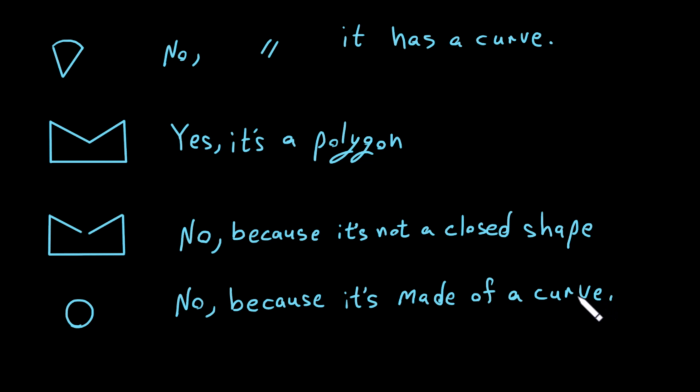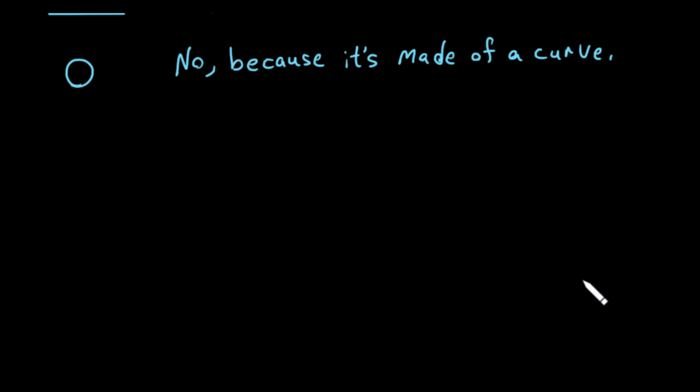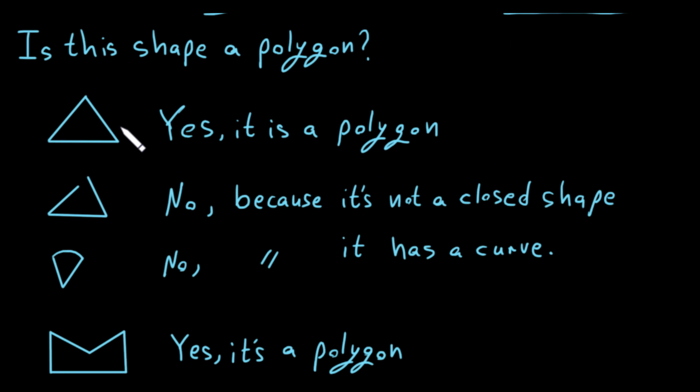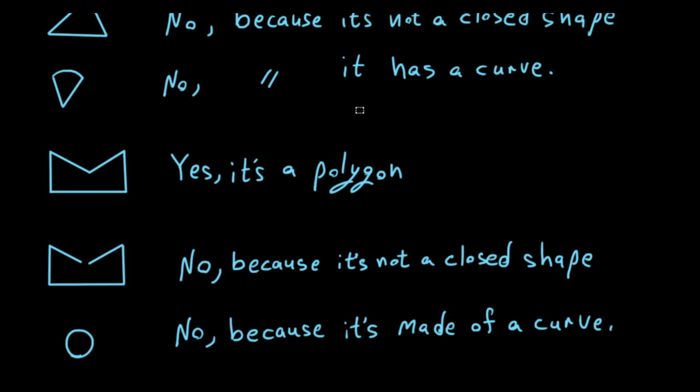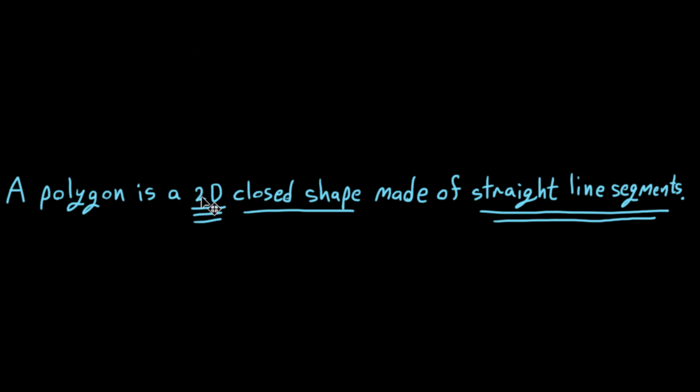Now, let's briefly talk about a complex polygon, also called self-intersecting polygon. A complex polygon is a 2D closed shape made of straight line segments as we have defined it before, as we have defined it here. I will copy it because it's almost exactly like this one, and I will put it here.